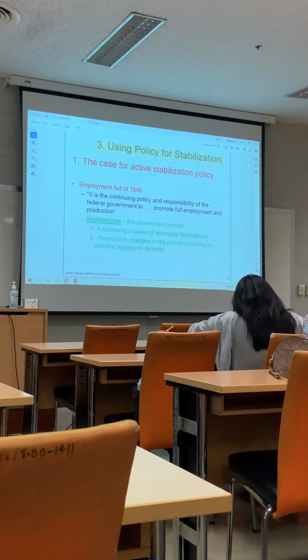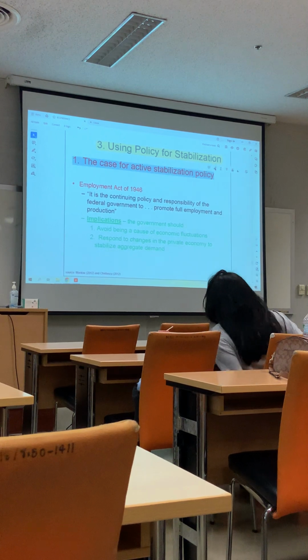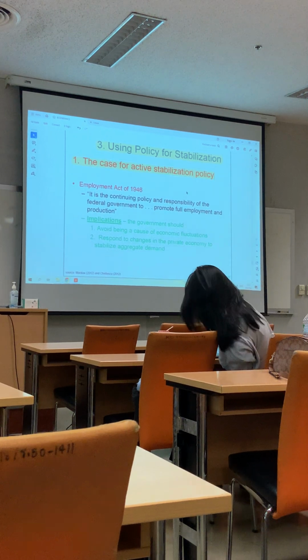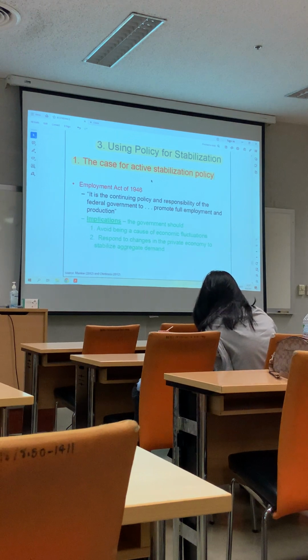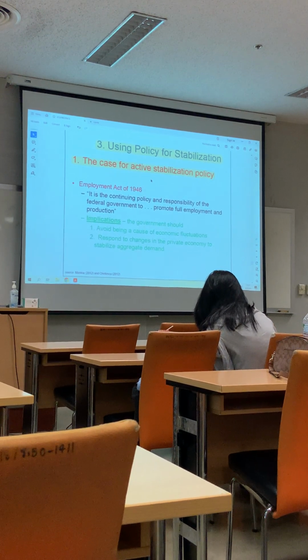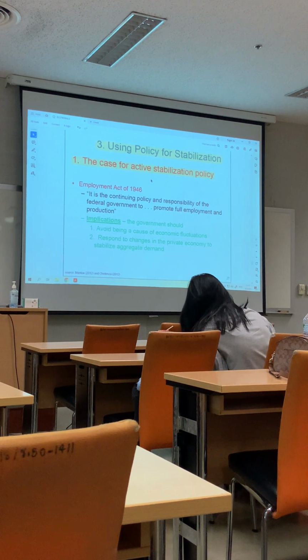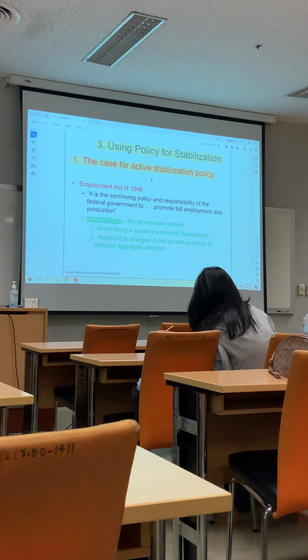The first case is what we call active stabilization policy. It means there is a group of people who are very supportive of the use of policy to stabilize the economy. This is the first group opinion. They support that we should use policy to stabilize the economy.